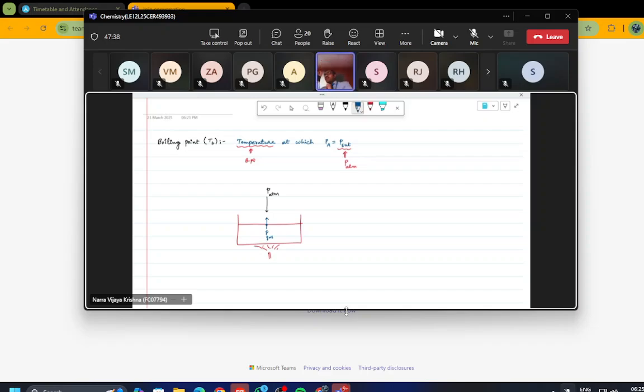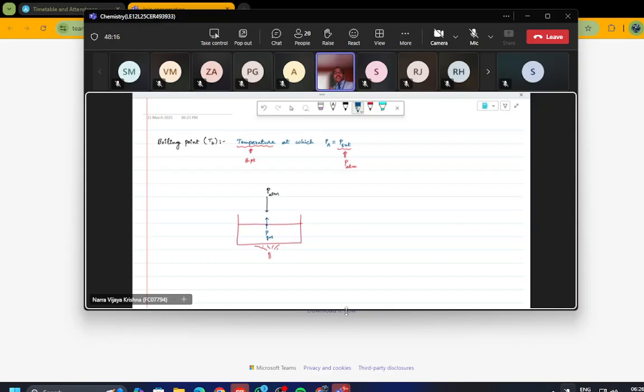Even if it dominates a little, it will escape. If I keep giving energy, liquid keeps converting into vapor. Now tell me, what is boiling point? The temperature at which PA becomes equal to P external. Right?